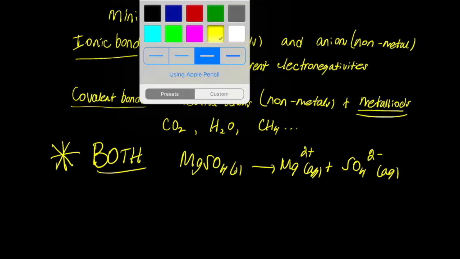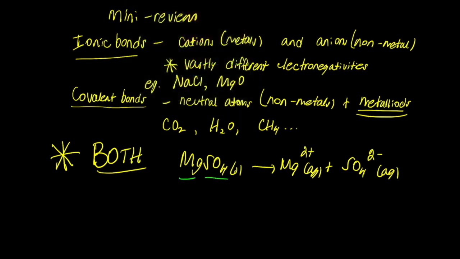So this substance is composed of a metal and several nonmetals, so this is definitely an ionic compound, okay? This is an ionic compound, and there's an ionic bond that holds the magnesium together to the sulfate, which is a polyatomic ion, okay? So that's the ionic bond.